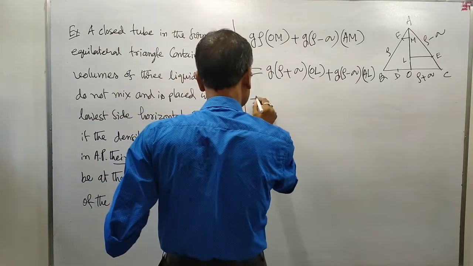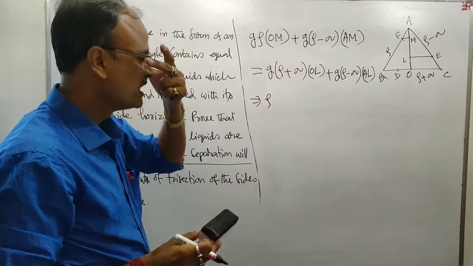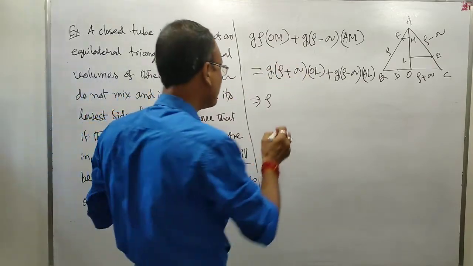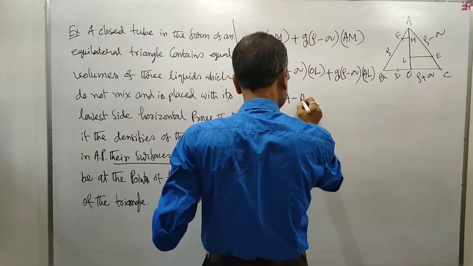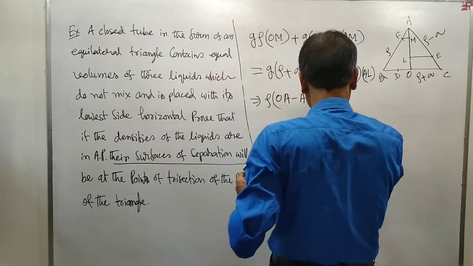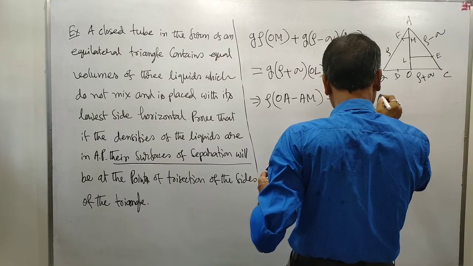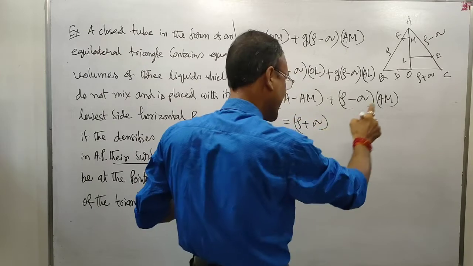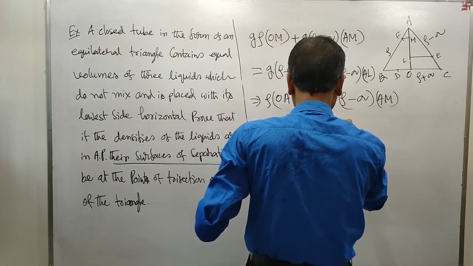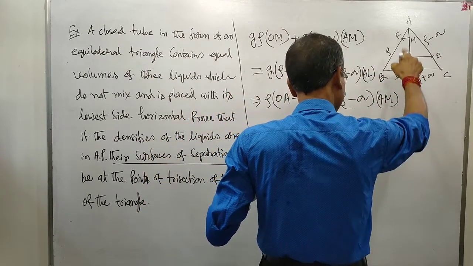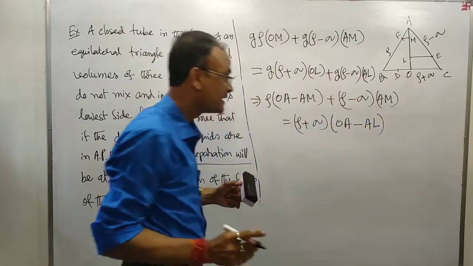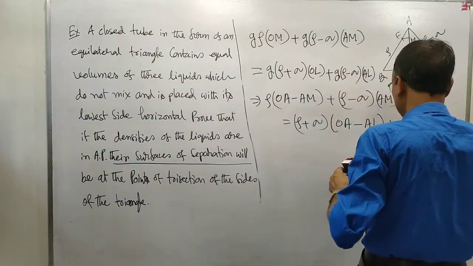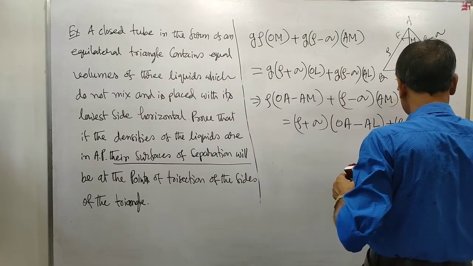This means rho times OM, which can be written as OA minus AM, plus rho minus sigma times AM, is equal to rho plus sigma times OL, that is OA minus AL, and rho minus sigma times AL.